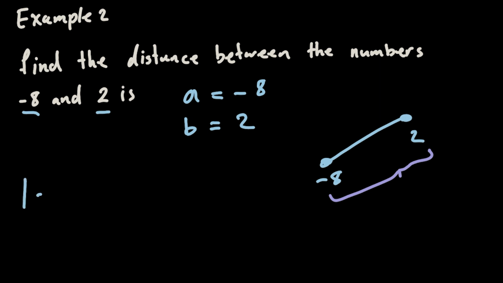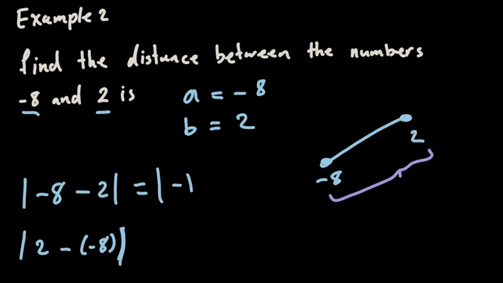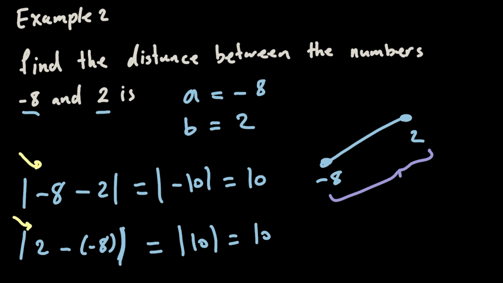We have minus 8 minus 2, or 2 minus 8. Here we have the absolute value of minus 10, which is 10, and here the absolute value of 10, and we get 10 too. Either way, you get the same answer as a distance. Always remember that distance is always positive, it is never negative.